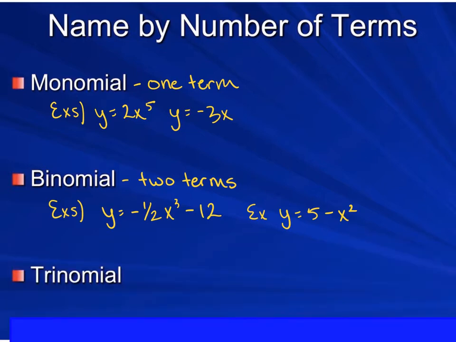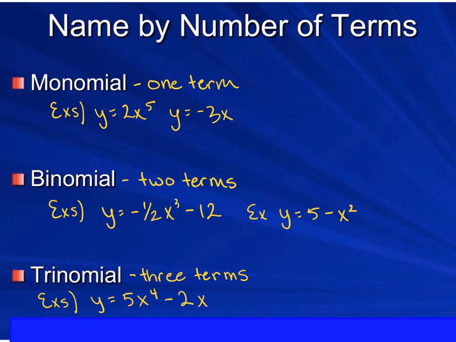Our final type is a trinomial, tri meaning 3, like a tricycle has 3 wheels. So our trinomial has 3 terms. An example, y equals 5x to the 4th minus 2x plus 17.